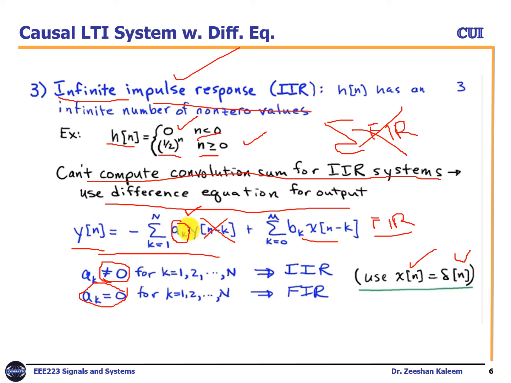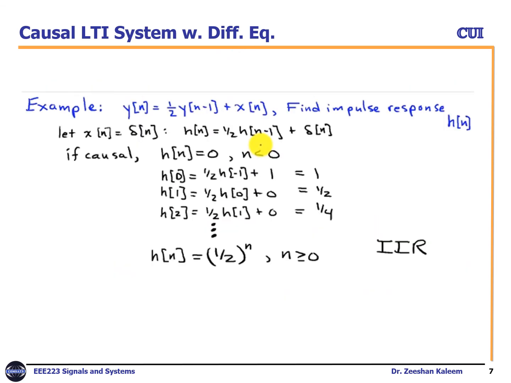So any type of recursive system is also called an infinite impulse response system, because this term will not be 0. So in this way, by using the difference equation, we can compute the output for an infinite impulse response system as well.